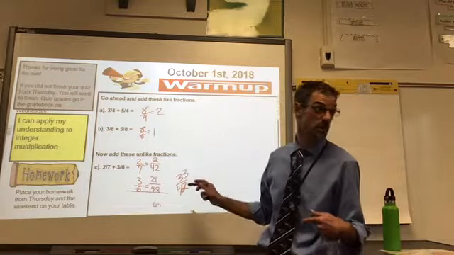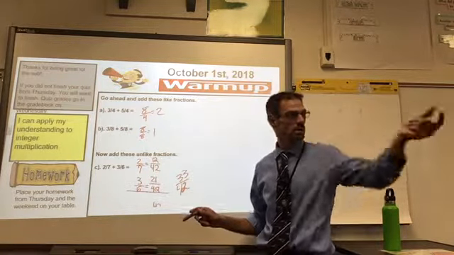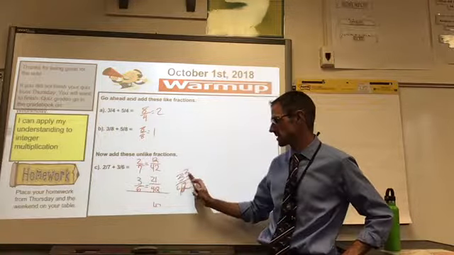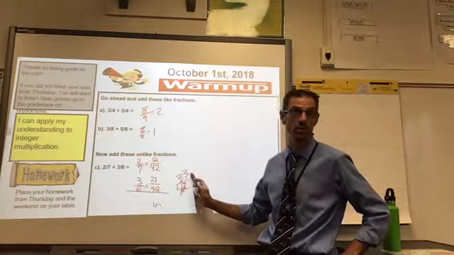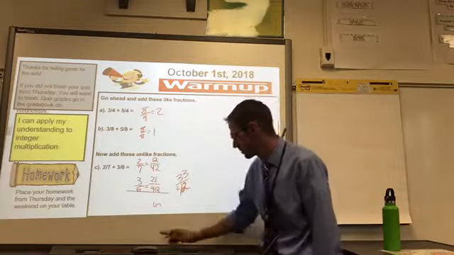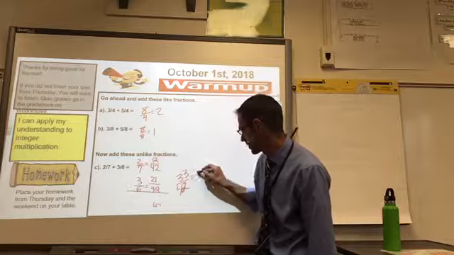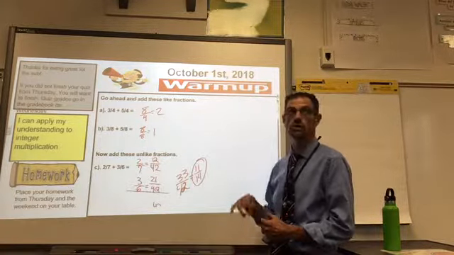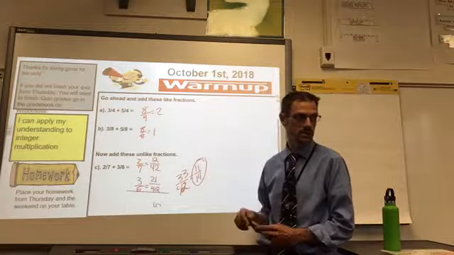I can reduce this, by the way. It's 11/14. And now how do I know that 3 goes into both? I just add the digits. Here I get 6, so 3 goes into that. Here I get 6, 3 goes into that. So this also equals 11/14.